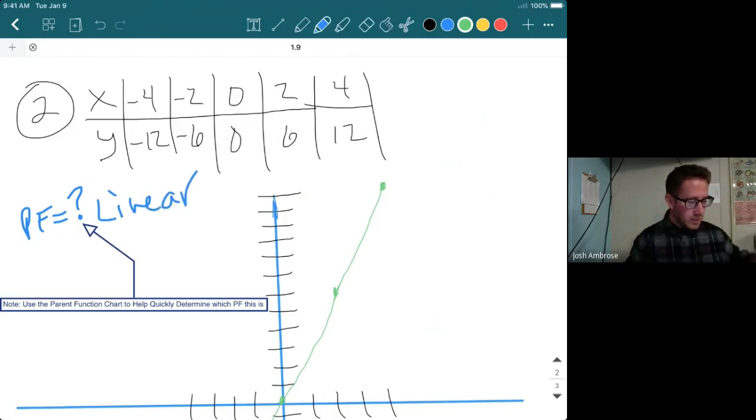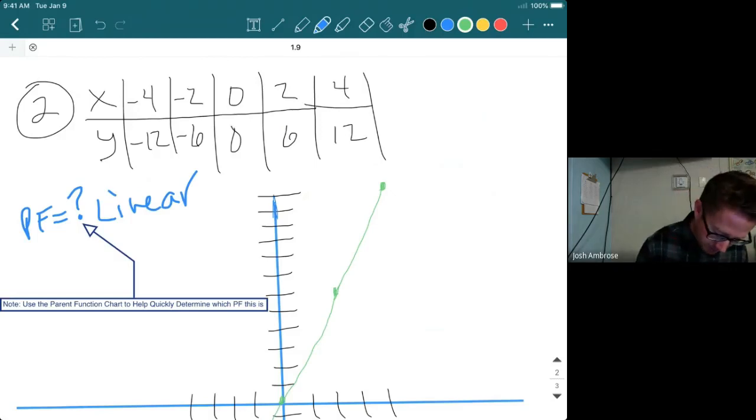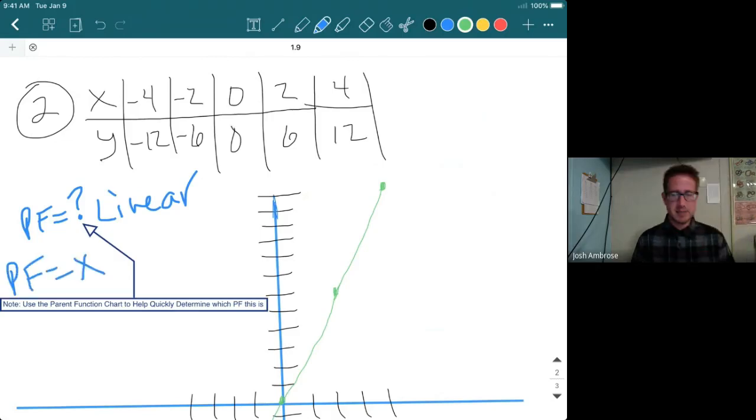And now we need to take a look at that graph. If the original parent function is just x by itself, clearly we are not fully making just the original. We're doing something to it, okay? If we had a true parent function that was linear, every x value would also equal the y value.